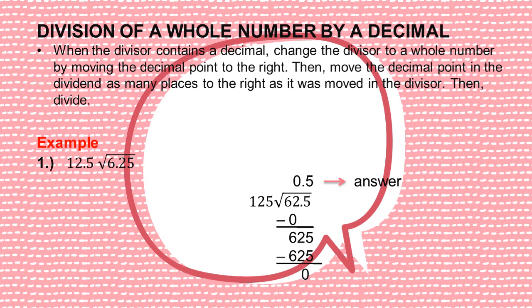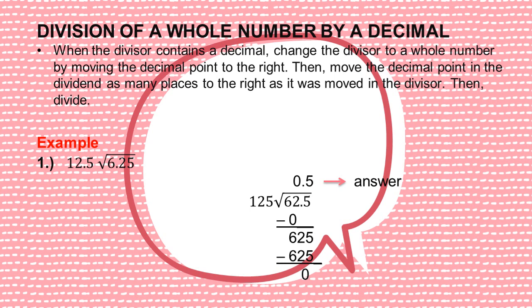So, isulat nyo ngayon yung quotient nung 625 divide by 125 after nung decimal point po natin. So, we have 0.5, then multiply now natin sa 5.